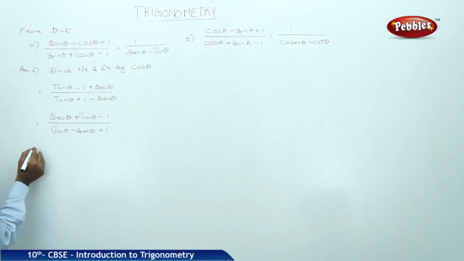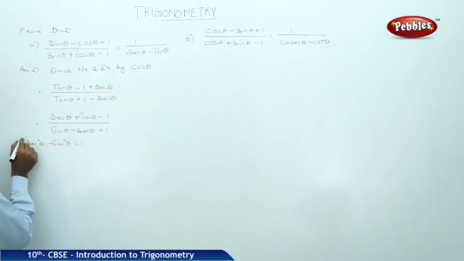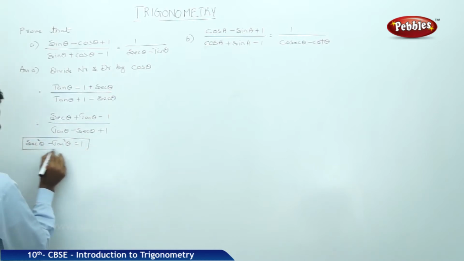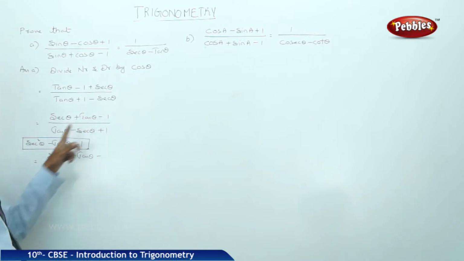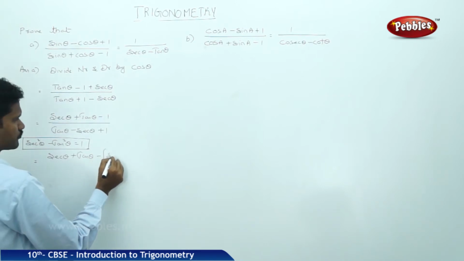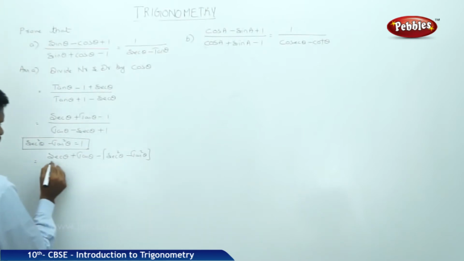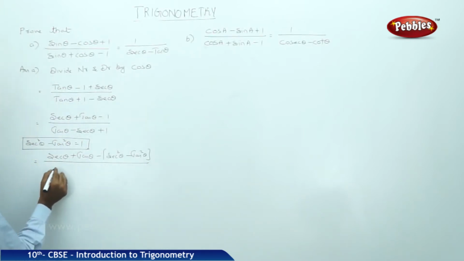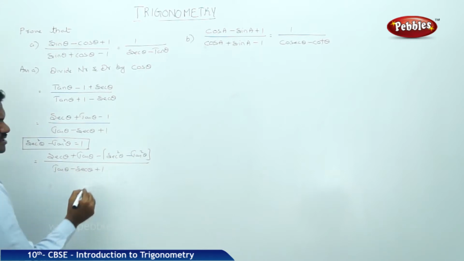Now we know very well, that secant square theta minus tan square theta is equal to 1. That is secant theta plus tan theta minus, in place of 1 I will write secant square theta minus tan square theta by tan theta minus secant theta plus 1.